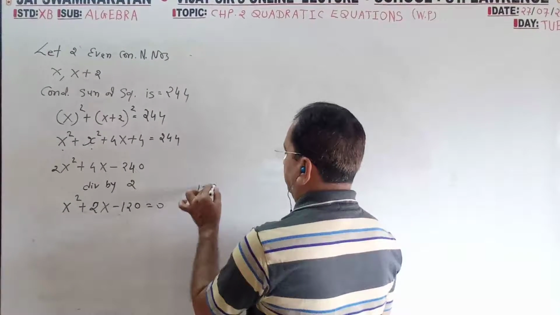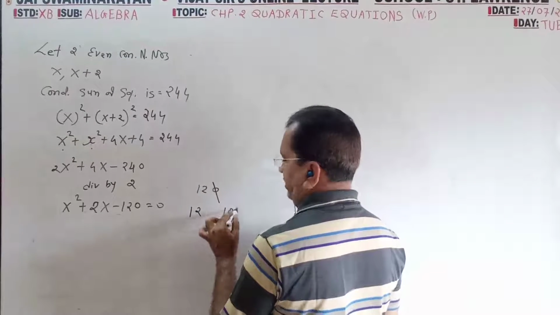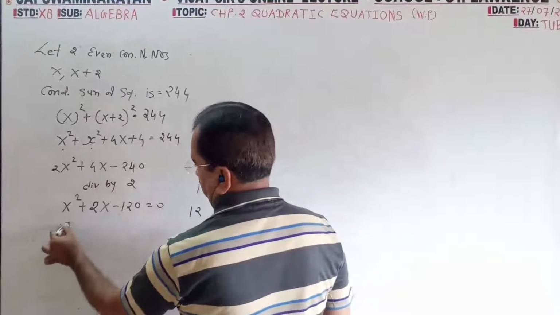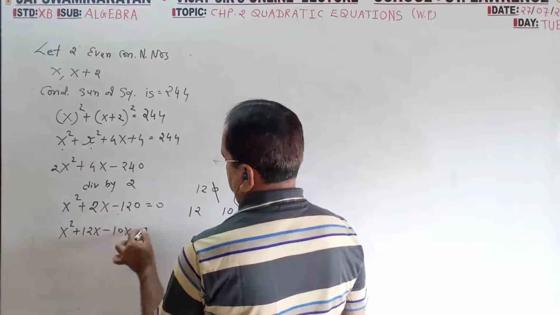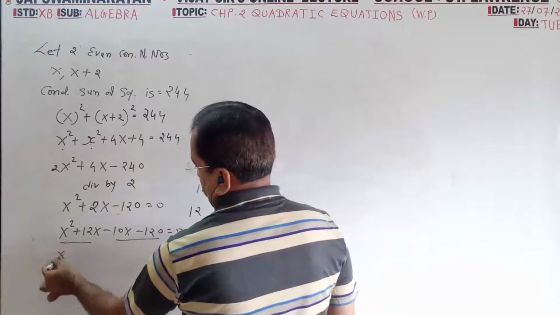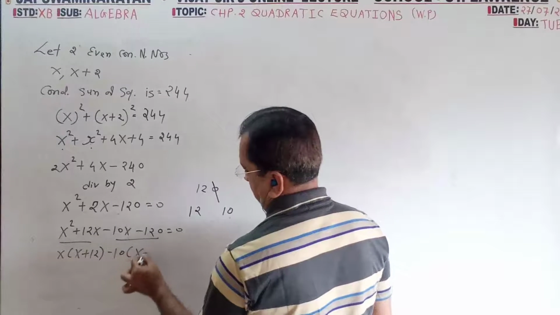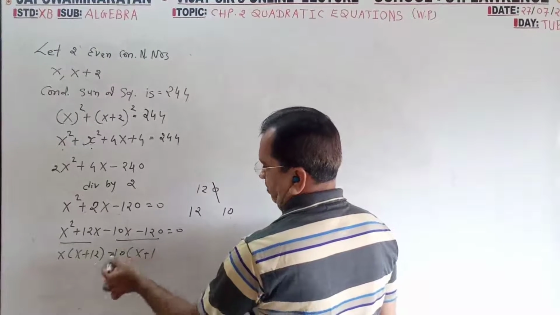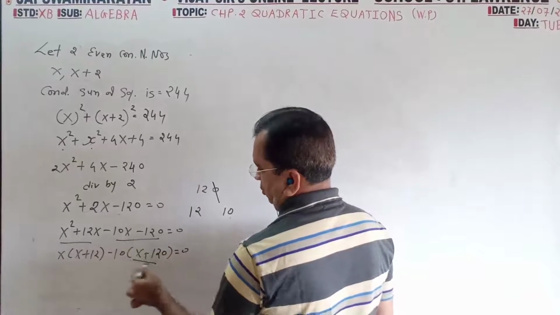Remove 0, so 10 and 12 are. Minus minus plus, plus minus minus, common of common.